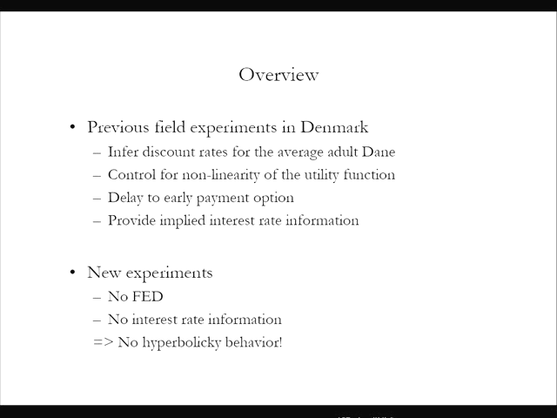So what we did was we had 2 tasks. I mean, in the very first experiment, we only had 1 task to elicit discount rates. So we only focused on eliciting the delta parameter here. In the second set of experiments, we had 2 tasks.